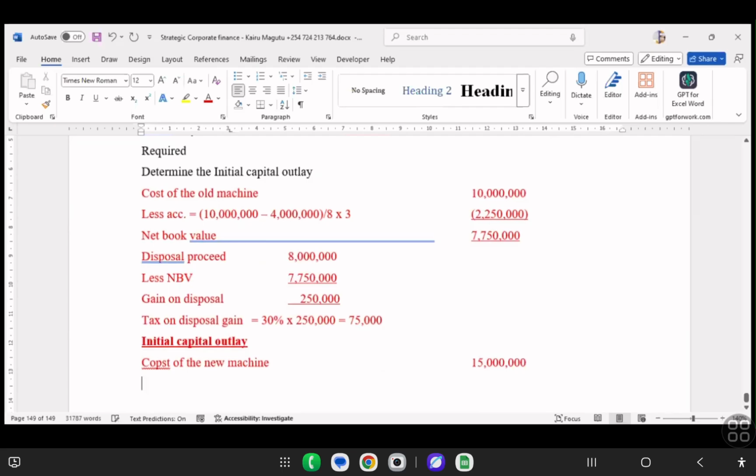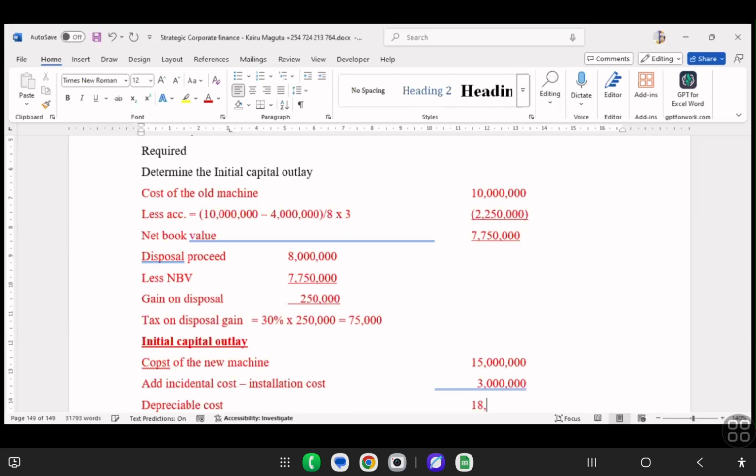Then we add incidental cost. The incidental cost in this case is installation cost. We are told that this machine will be installed at 3 million. Whatever we get here is the depreciable cost.